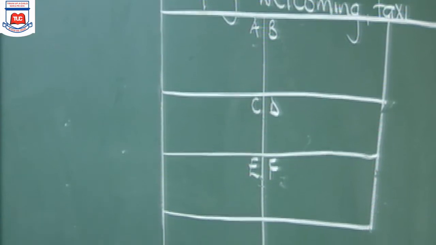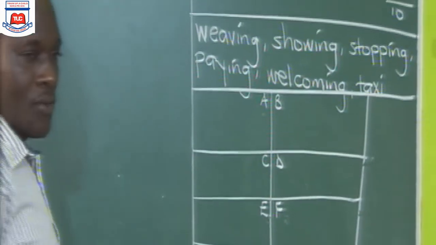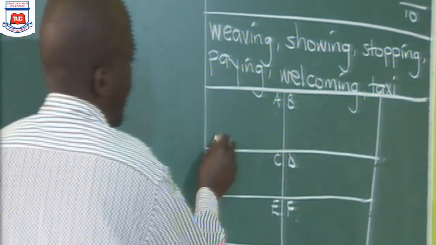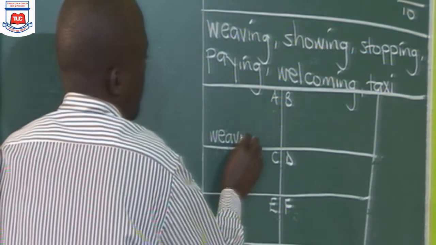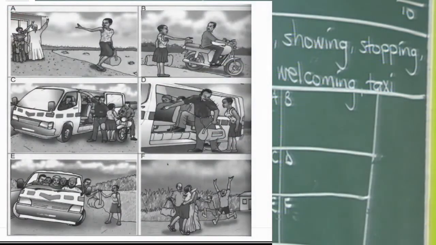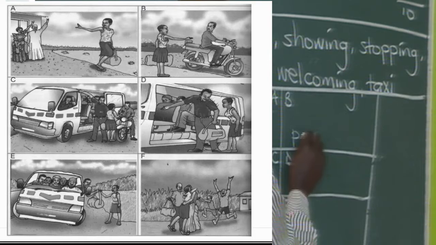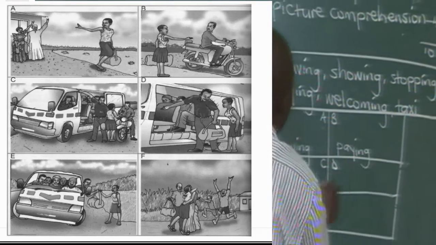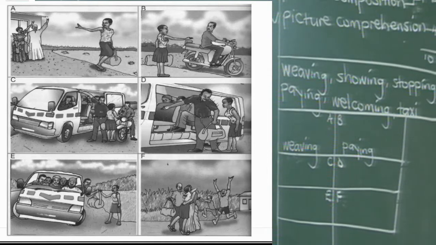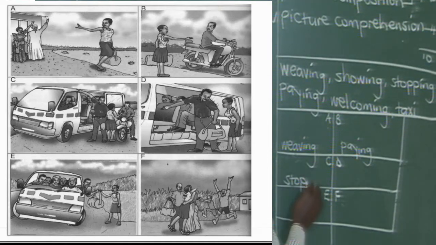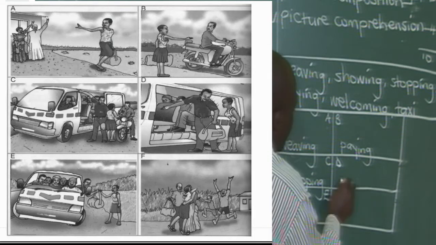As we see our pictures, picture A, what word can you attach to picture A? I think we can attach there, waving. Yes. Picture B, what do you see there? I can see paying, or stopping. Must be paying, because we have paying there. Picture C, I can see her stopping. Then D, there is a taxi there.